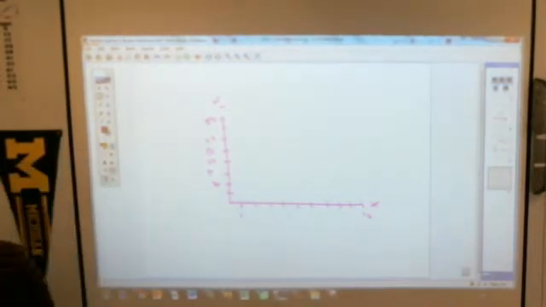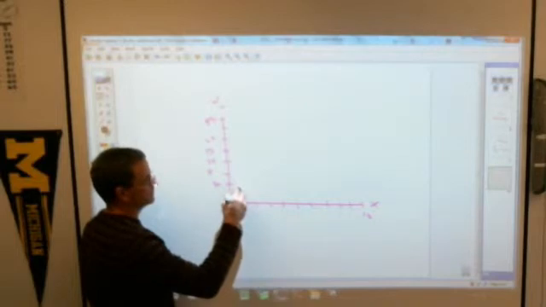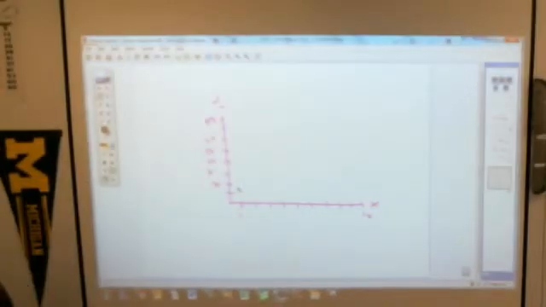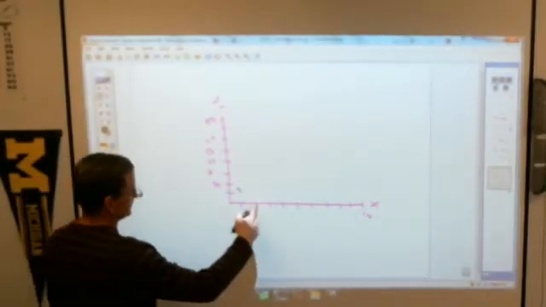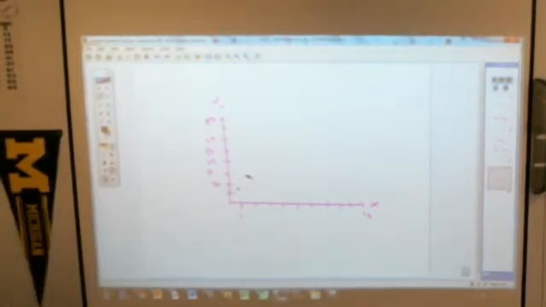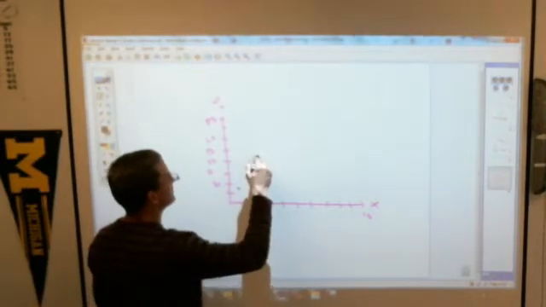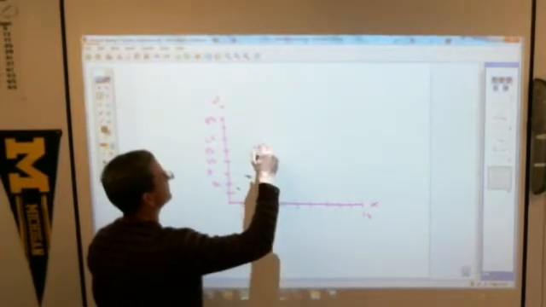You're not freelancing this. You will use actual graph paper because this needs to be as exact as you can. 114 goes right about here. My next one, 227, goes right about here. 343, 453.